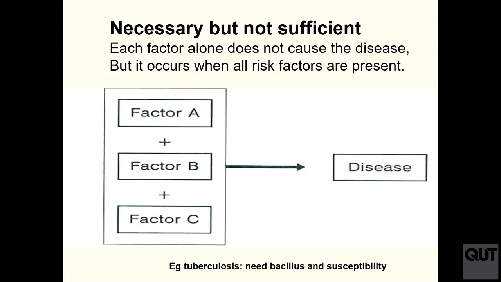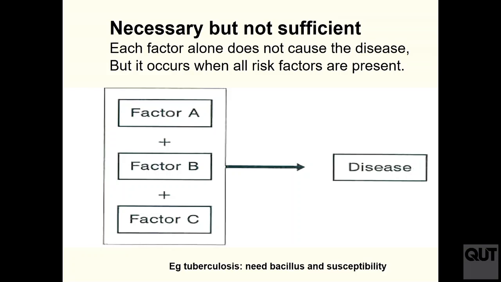Now, this very simple example explains precisely why in the 1990s there was a big return around the world, particularly in African countries, in the United States, in parts of Europe, a big return of tuberculosis, because it came on the back of HIV infection and AIDS, where people had compromised immune systems.